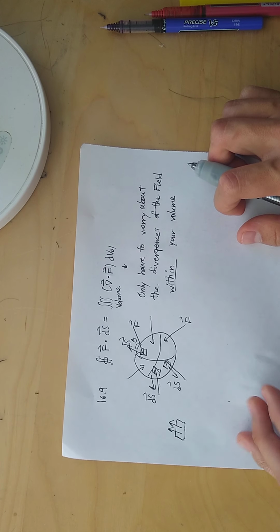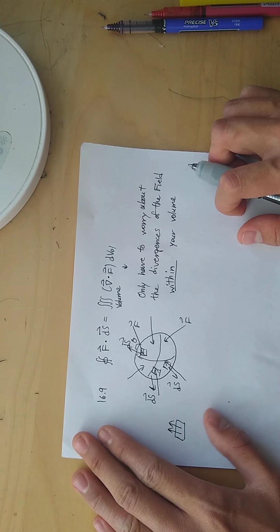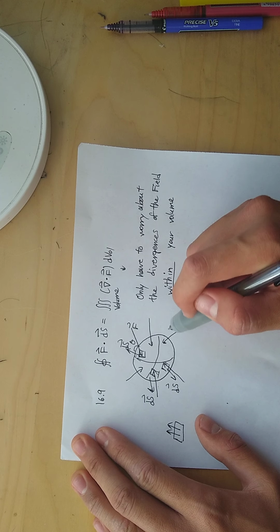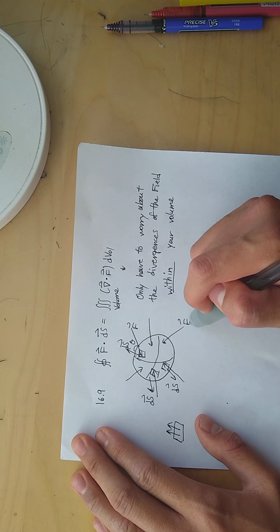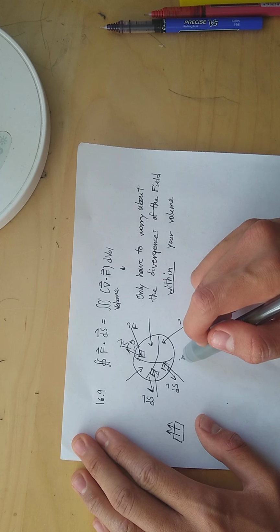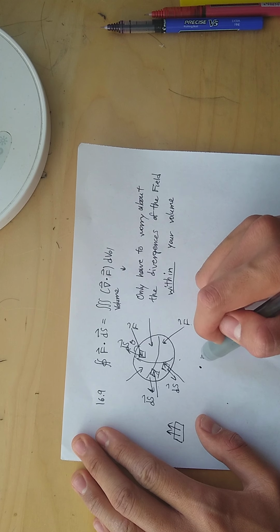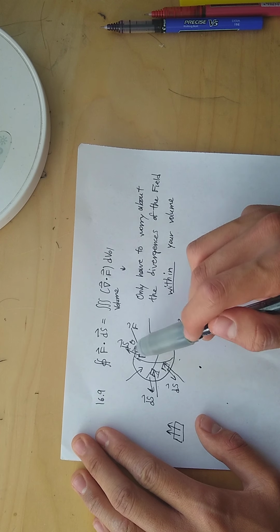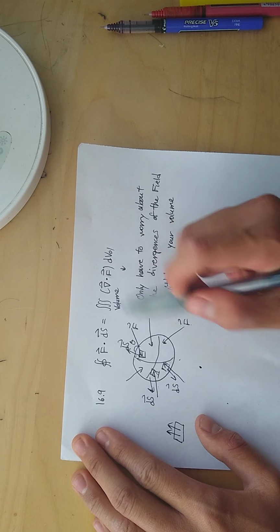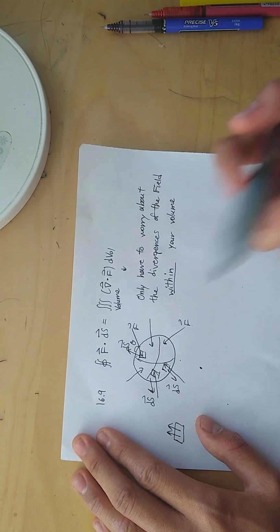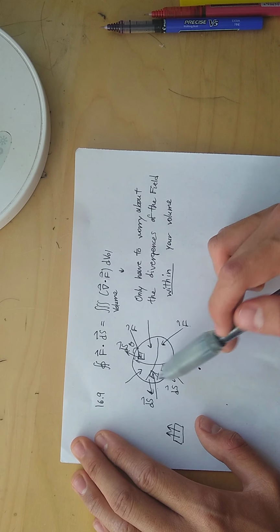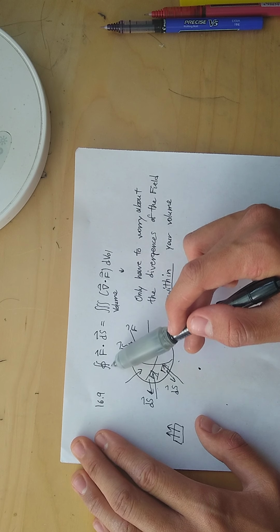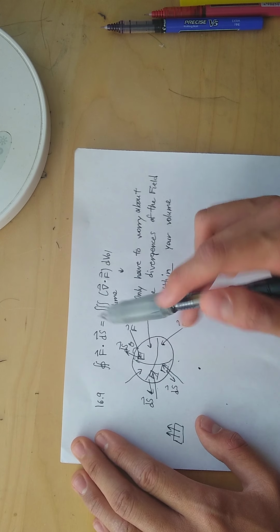The word within is really important here. So if I had a divergence of the math field outside the sphere, right here, it would not affect the flux through the surface. Only the divergence of the field enclosed within this sphere is going to affect the value of this flux integral.